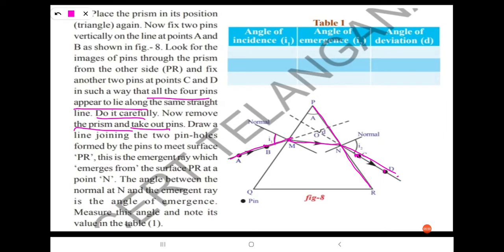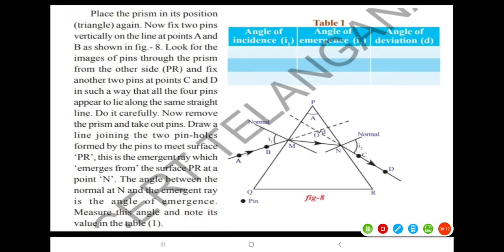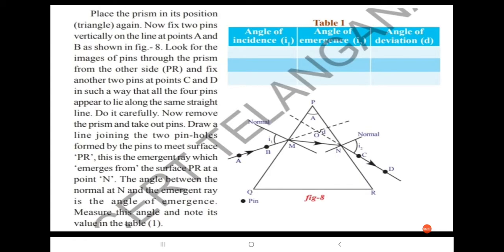Now draw a line joining the 2 pin holes. Okay, so here we have to join these 2 pinholes. Draw a line joining the 2 pins. Here, these 2 pinholes formed by the pins meet surface PR.